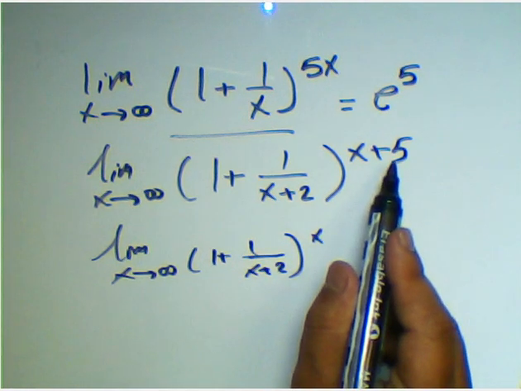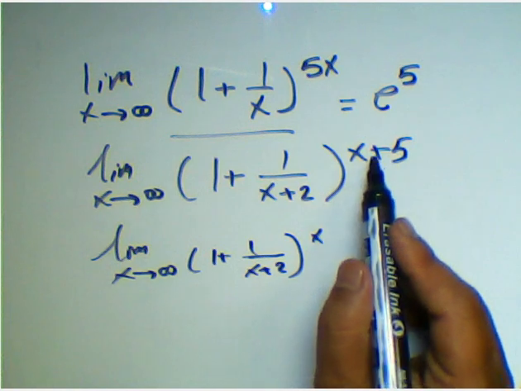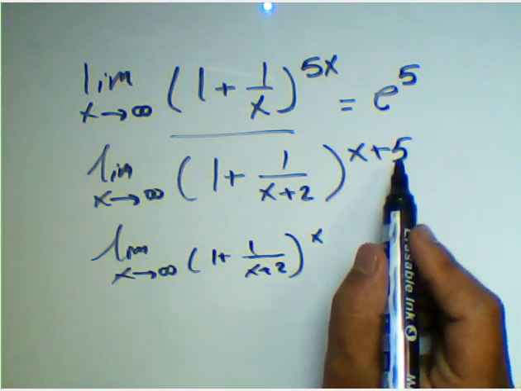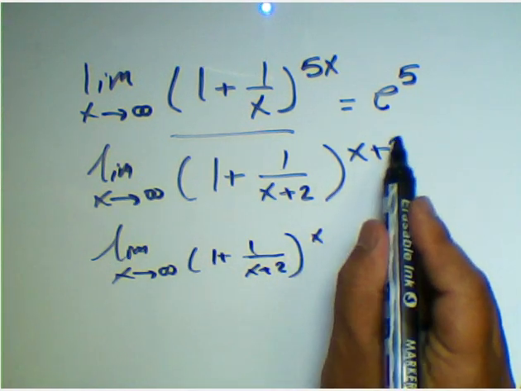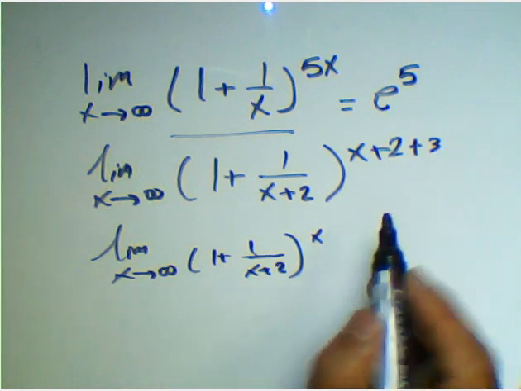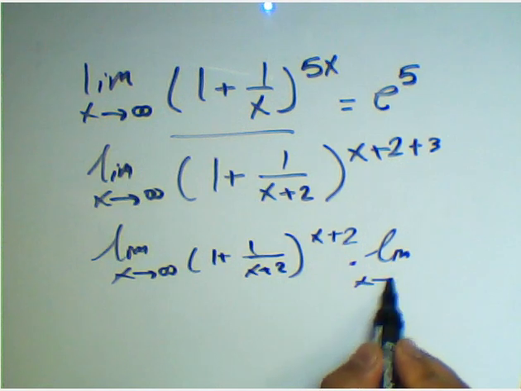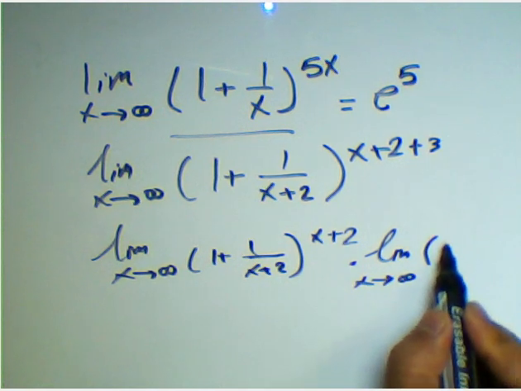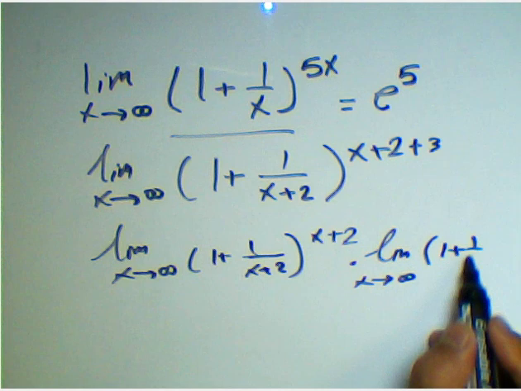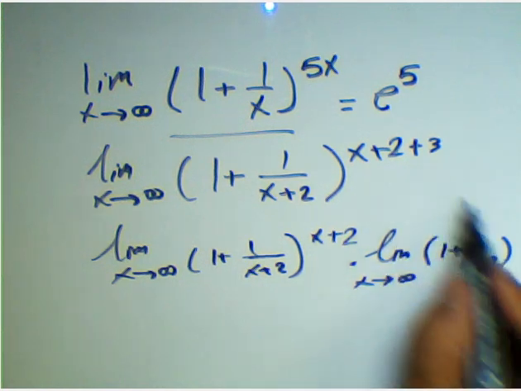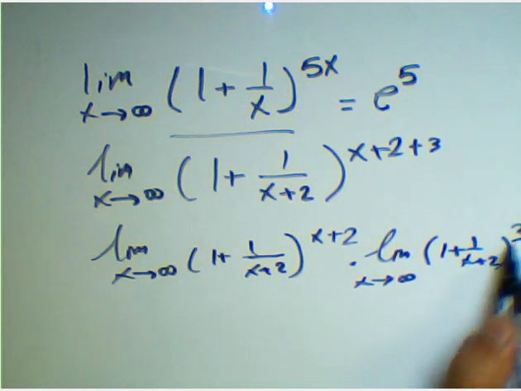Here we can write 5 equal to what? Equal to 3 plus 2, and we can write it as 2 plus 3 for this function to get x + 2, times the limit when x approaches infinity of the same function (1 + 1/(x+2)) to the power 3.